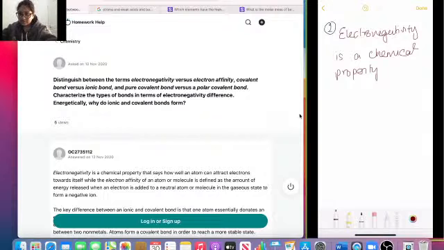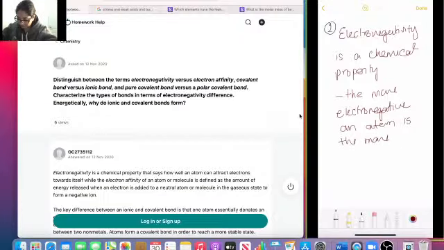And so basically the more electronegative an atom is, the more electrons it attracts to itself. Okay, so this is what basic electronegativity is.